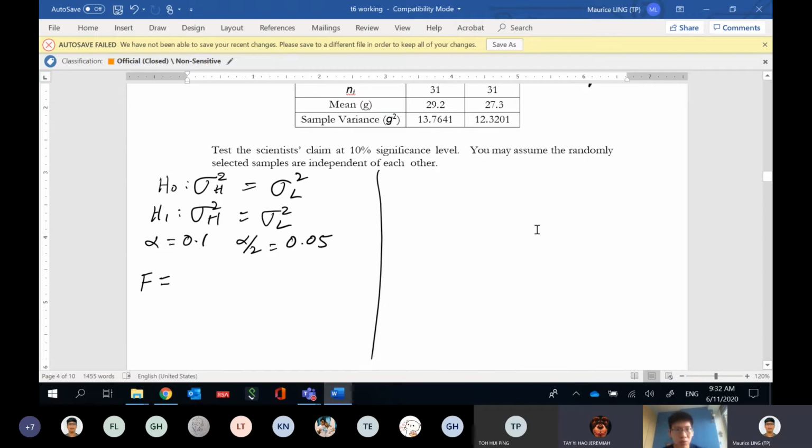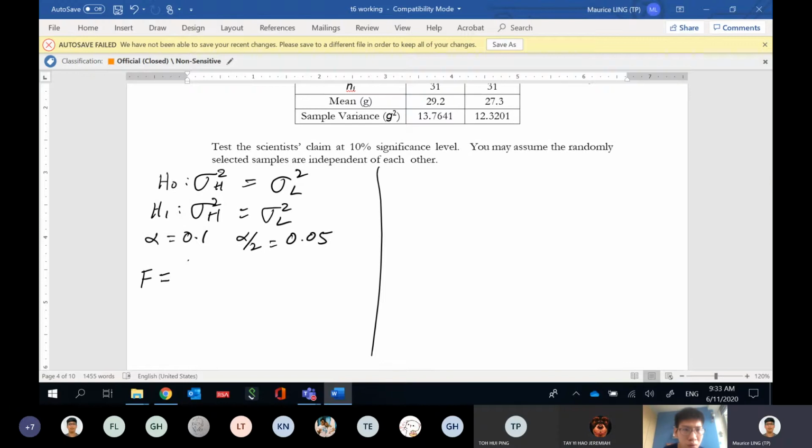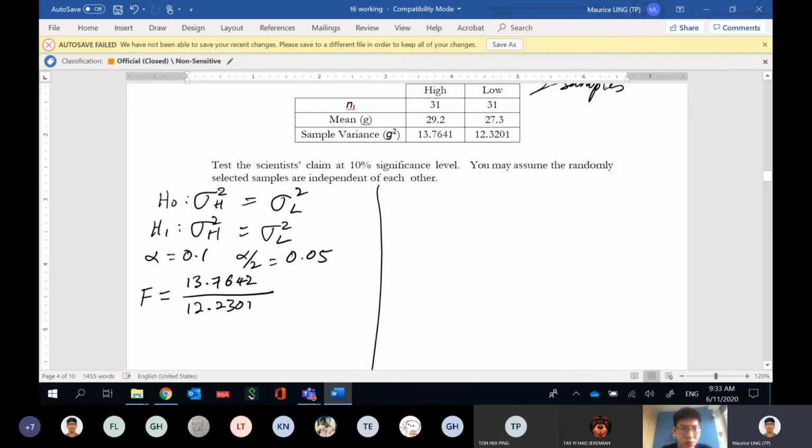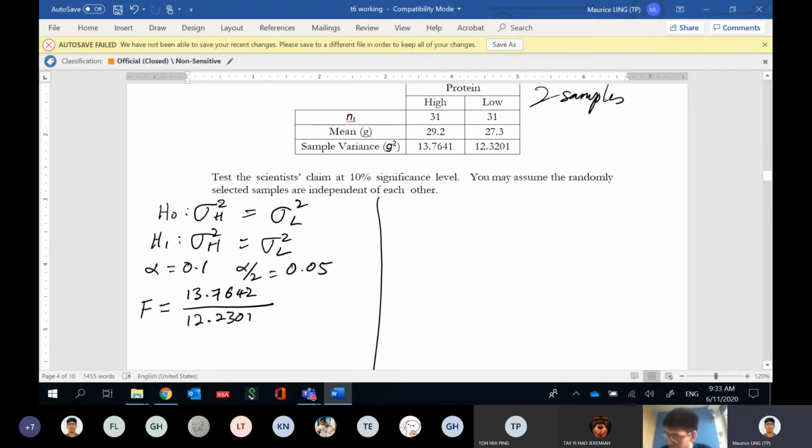Always take the higher variance, divide by the lower variance. Because it depends on which one is the higher variance, you may have to swap it.